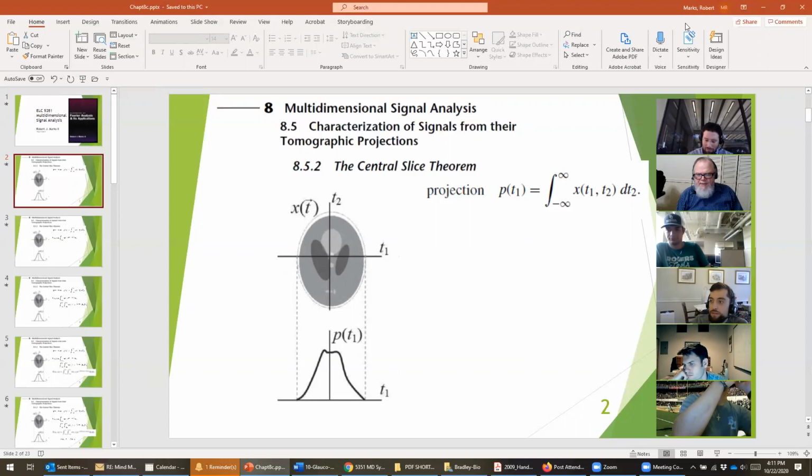Now, it turns out that my shadow on the wall is an example of what is referred to as a tomographic projection. Now, in tomography, it's kind of the same thing, except my shadow on the wall is not totally black and white. Where I am thicker, it's going to be darker, and if it just goes through my ear, it's going to be light.